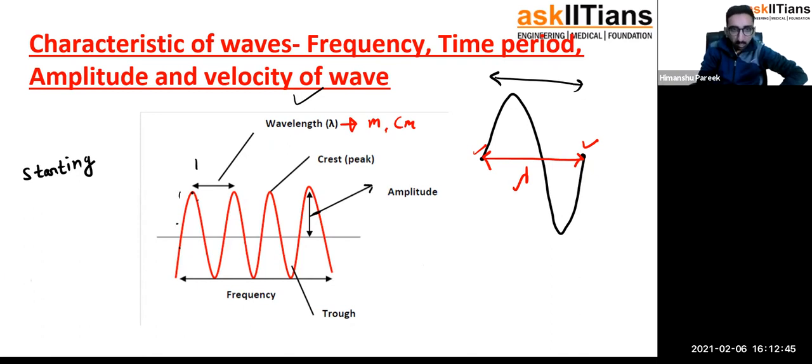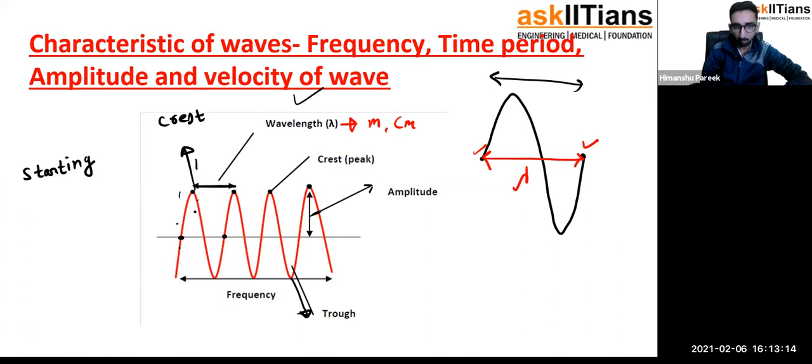Now these are the points where the particle had the maximum displacement. So these points are called the crest, the peak point. And this is called the trough, the minimum position. Now if you see carefully, I said this as one wavelength. Can't I say this as one wavelength?